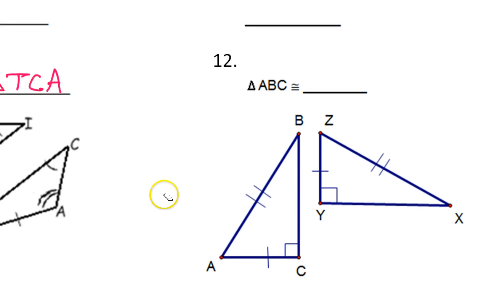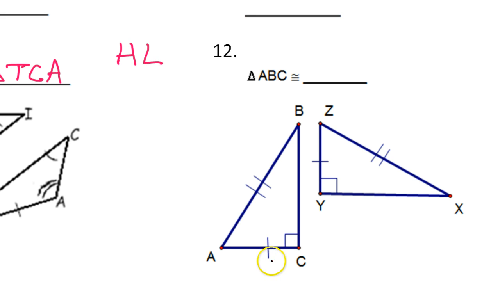Something special about these triangles is that they are right triangles. And we do have this theorem that's called hypotenuse leg. Only a right triangle has a hypotenuse. So anytime we're given right triangles, we should first ask ourselves, is it hypotenuse leg? It's not guaranteed. But this single mark, is that a hypotenuse or a leg?